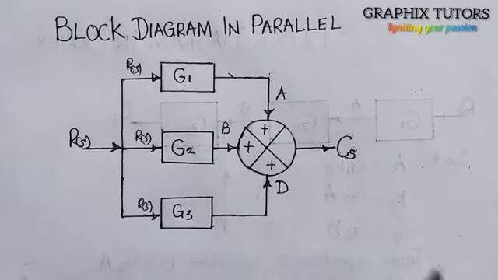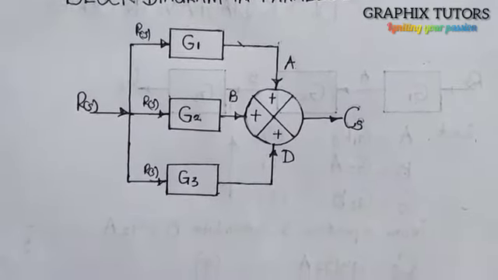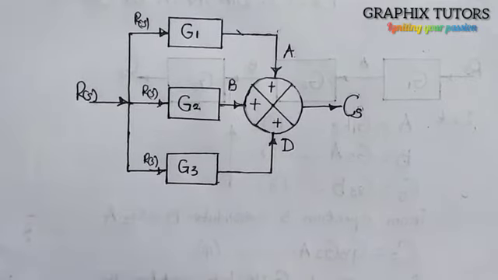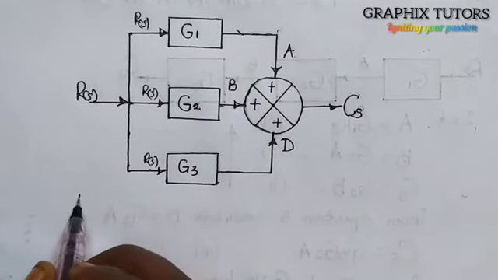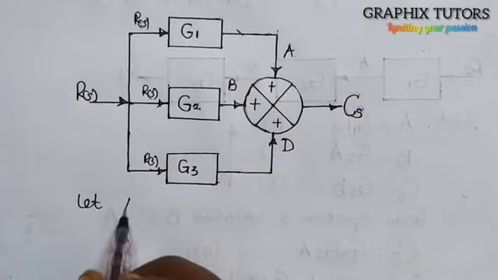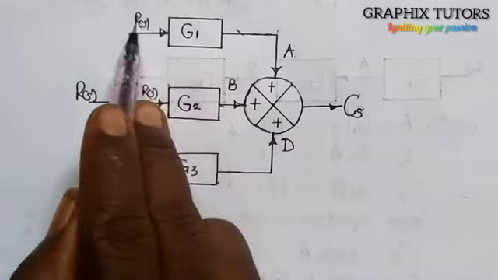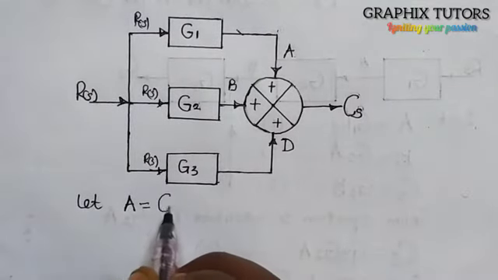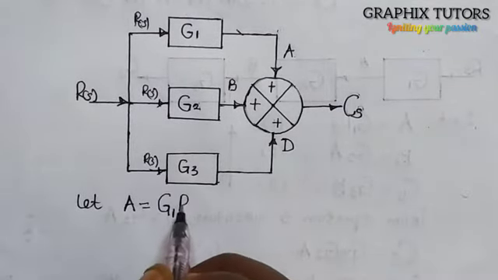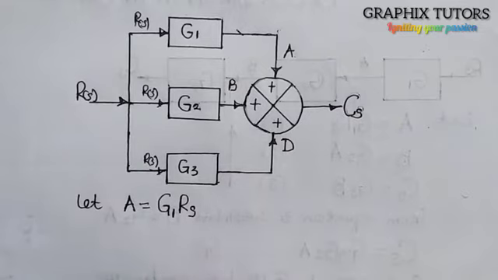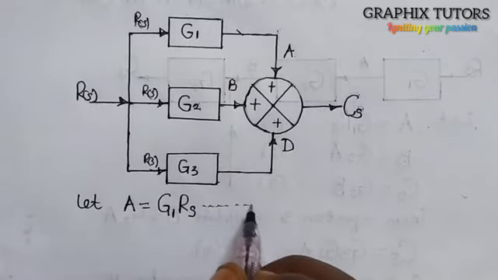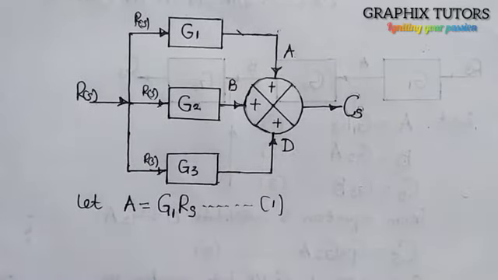So we'll start by moving. For A, just like we did in our earlier video, we say that let A be equal to G1 Rx, that is the transfer function 1 multiplied by the input signal Rx. We call it equation 1. Similarly, B will be equal to G2 Rx.